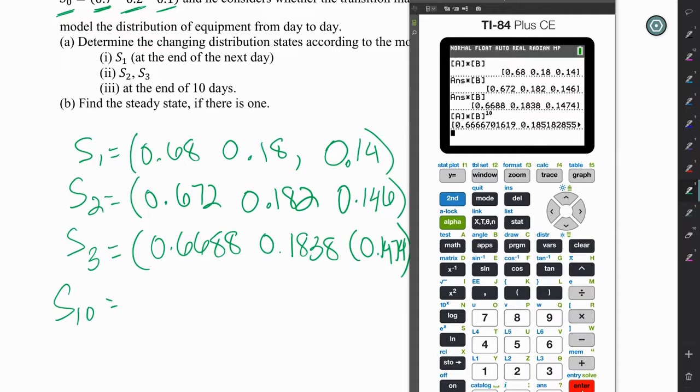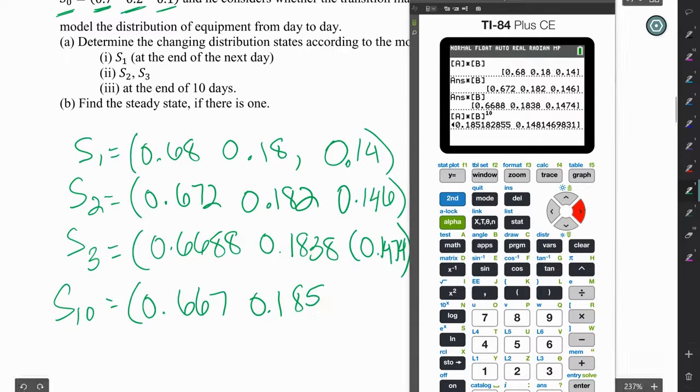So I'm going to round these to 3 significant figures. And now you can see how there's the little arrow on the right-hand side. I'm going to have to arrow over to the right to figure out what that last number is because the decimals are so big it didn't fit on the screen. And once again, remember no commas in matrices. It looks like I threw an extra parenthesis up in that one. 0.148.